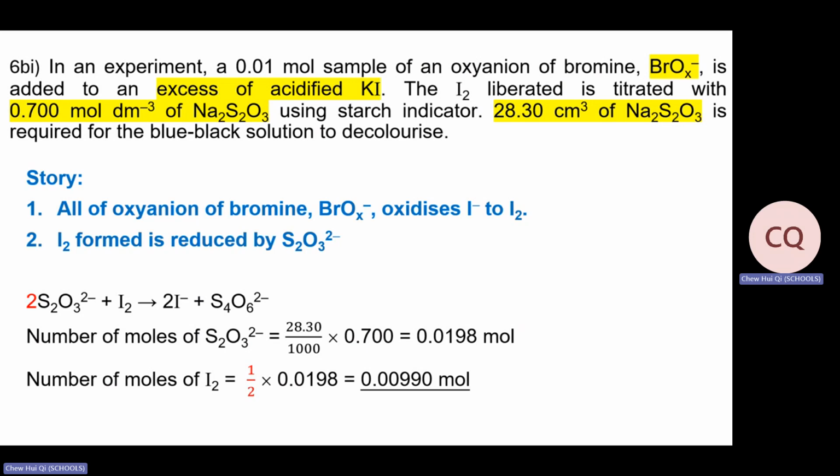Why do I write the 2 in red? Because a lot of you do not know the mole ratio. That's why in your calculation, I did not get 0.00990. In fact, I get 0.0198 because you don't know the mole ratio of 2:1. So if you get the balanced equation, you should be able to get 0.00990 moles.